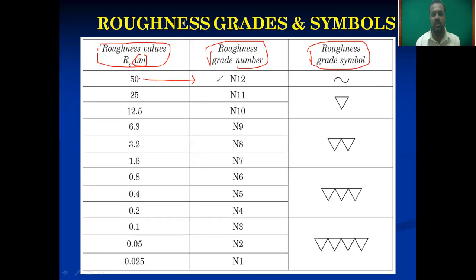That grade will be N12. And for that N12, what is the symbol? Like this, a wave type symbol is there. Then what is the next surface roughness value? The next surface roughness value is 25, and for this 25 the grade number is N11, and this is the symbol.